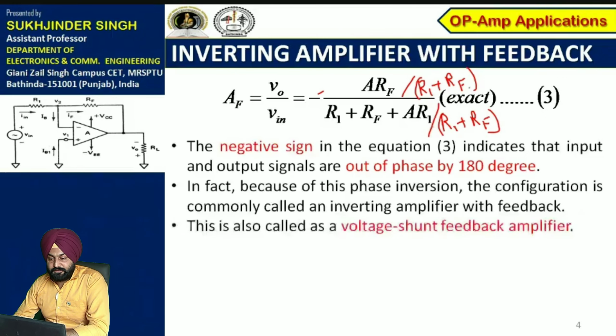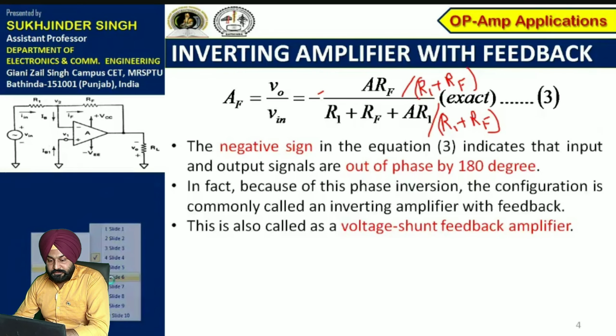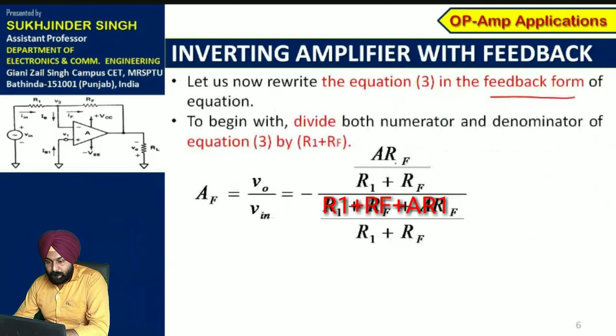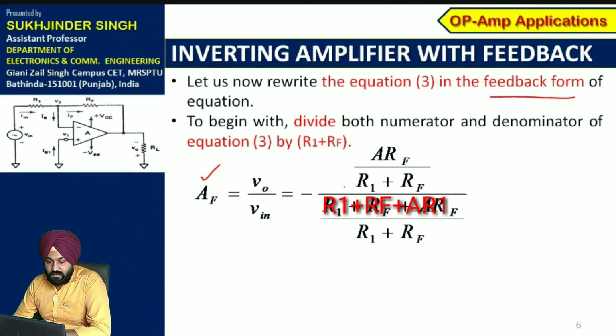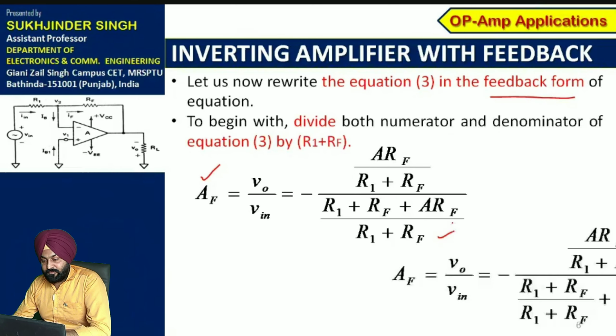And you can write the expression for feedback gain: minus ARF upon R1 plus RF, divided by R1 plus RF plus AR1 divided by R1 plus RF.